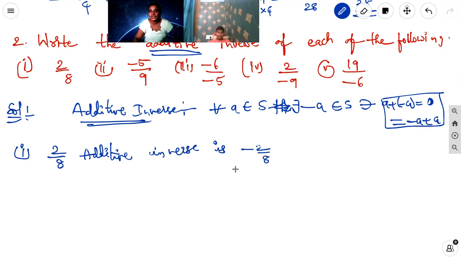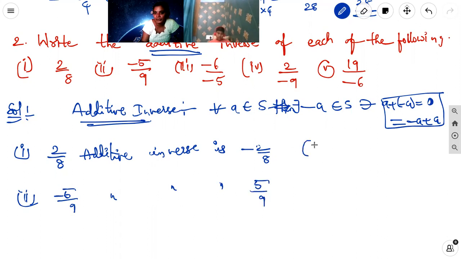You just change the sign. Addition, plus's opposite is minus, minus's opposite is plus. So the second one, minus 5 by 9's additive inverse is plus 5 by 9. Just check it.